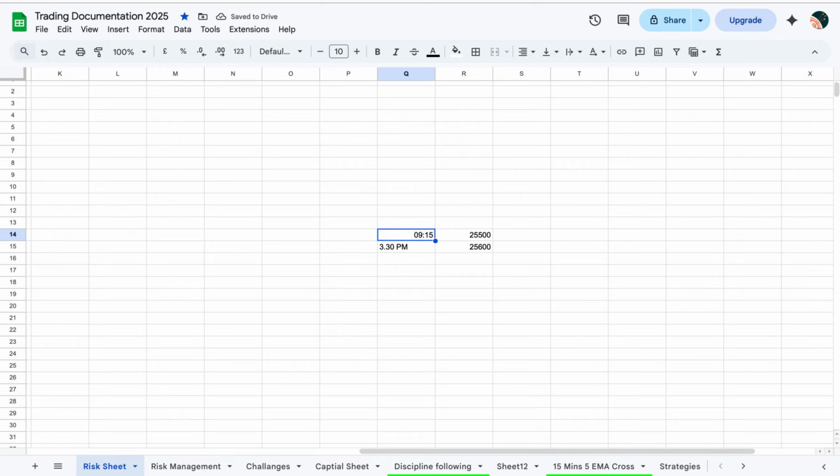As we discussed, this is open, and this is close. Just remember, for deciding the candle color, we just need open and close. We are not bothered about high and low. High and low remain the same for a red candle and a green candle.